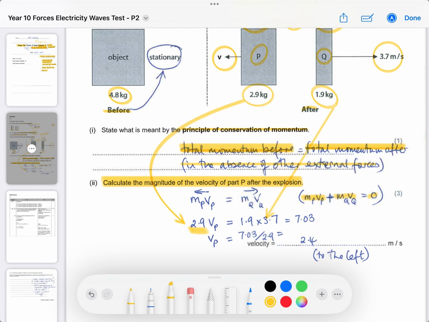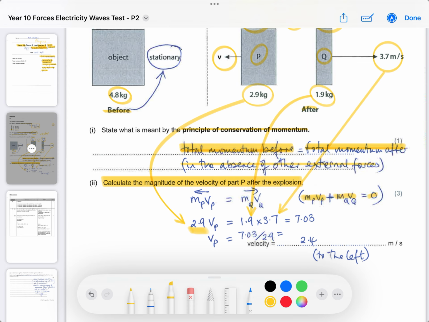So let's just do that one again. The mass of Q is 1.9 kilograms. So that goes in here. And we know the velocity of Q also goes in there. Okay, so we put these values in.